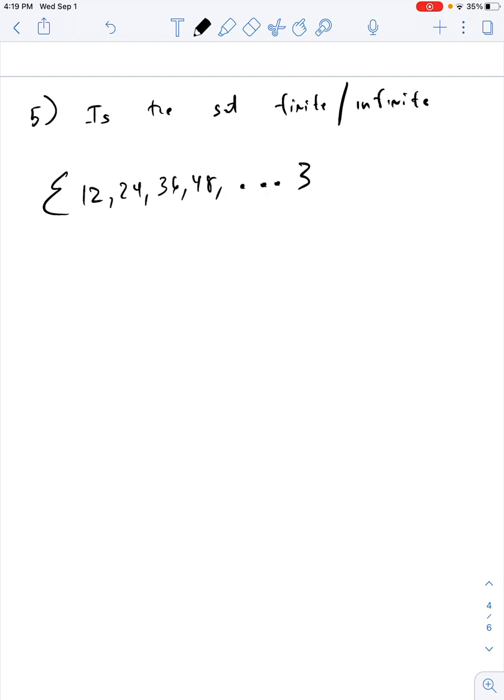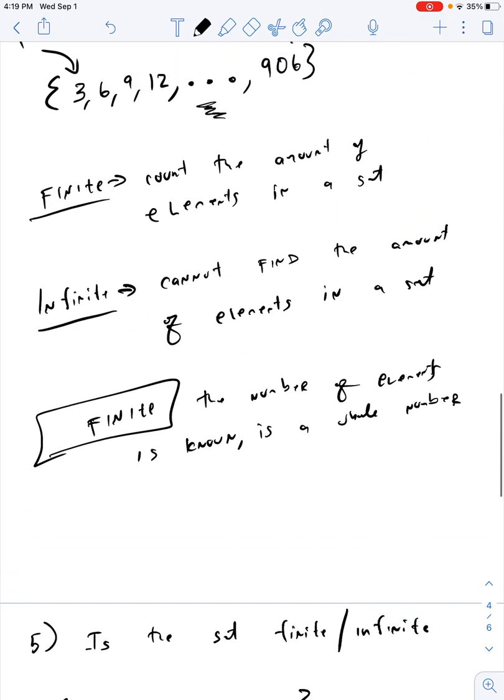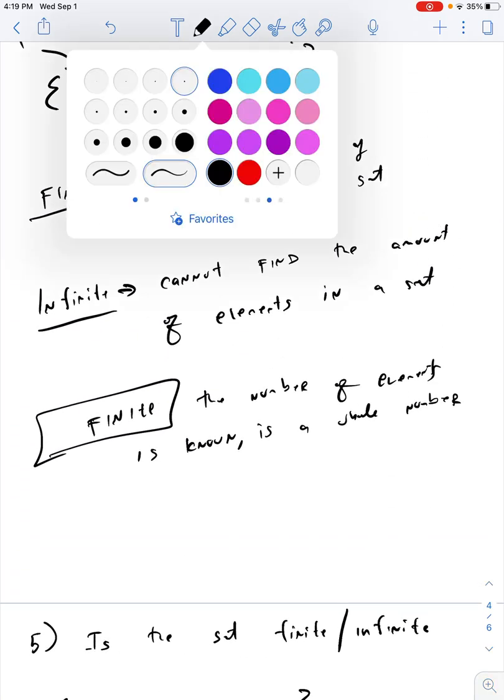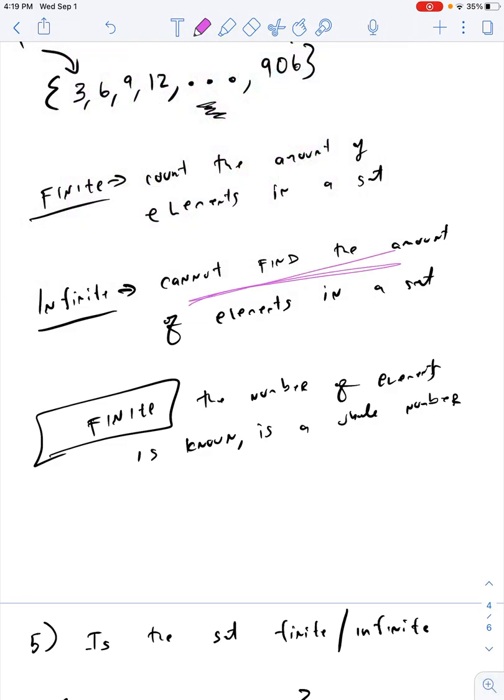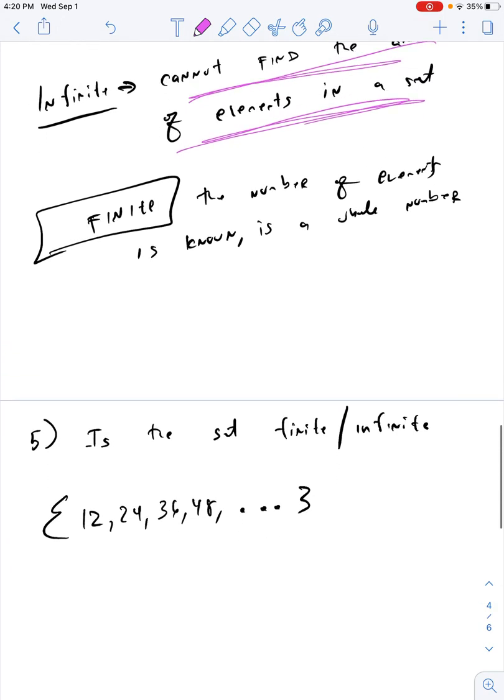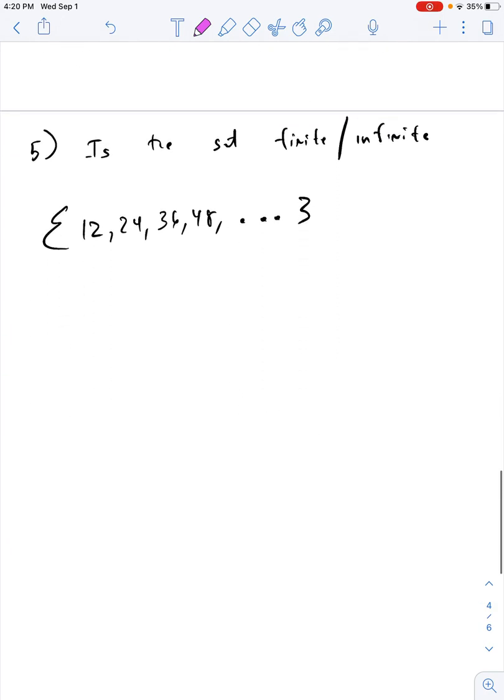We just talked about the definitions of finite or infinite, right? Taking a look at infinite, infinite specifically says we cannot find the number of elements in there. Right? You cannot find the number of elements in there.